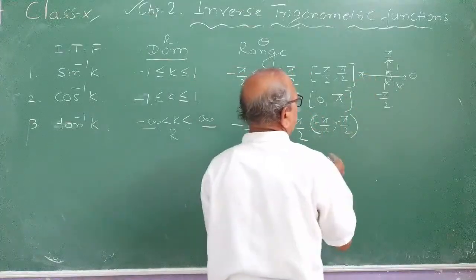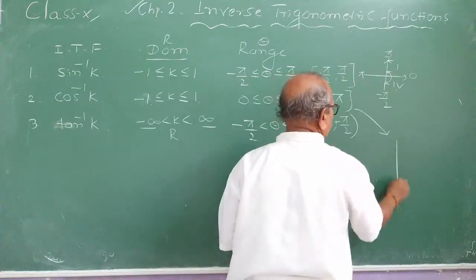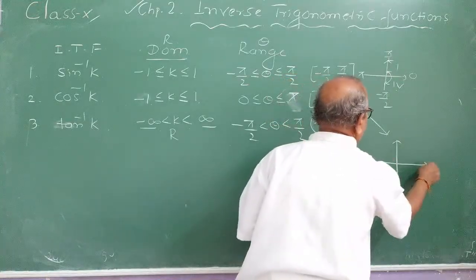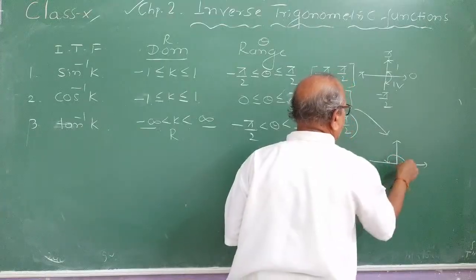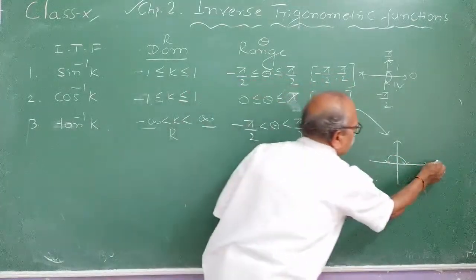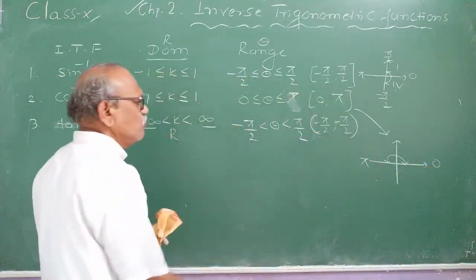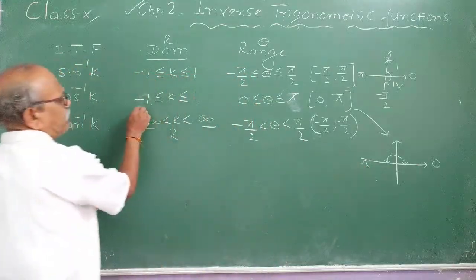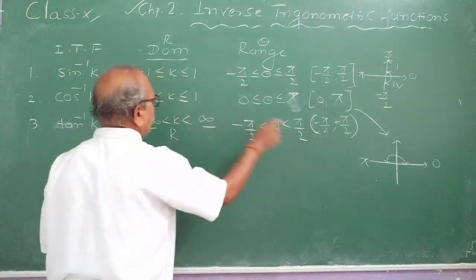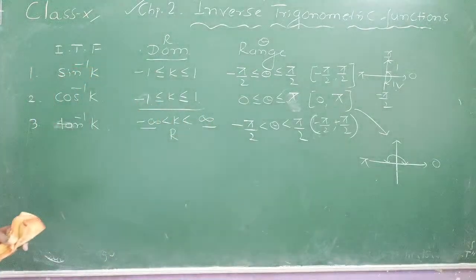Then cos inverse exists between 0 and π, because cos 0 is 1, cos π is -1. Its value lies between -1 and +1.